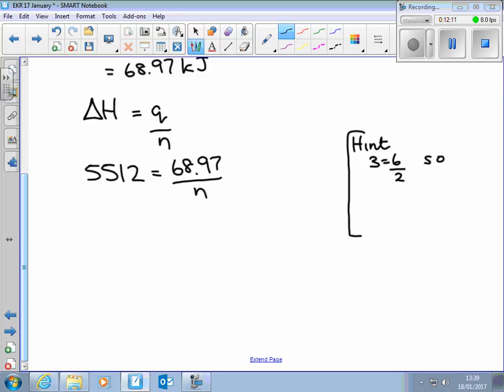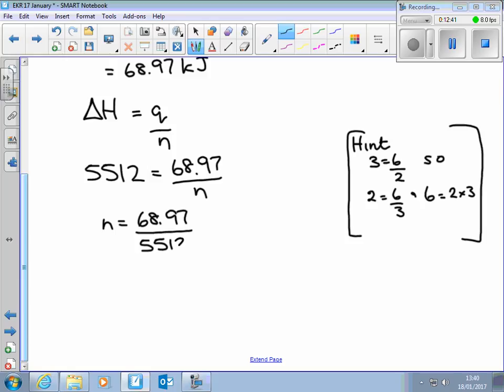You know that 2 equals 6 over 3, and 6 equals 2 times 3, so you just take the positions and use the same approach. So here, n is the 68.97 divided by 5512, and you can work it out, or you just remember these things.